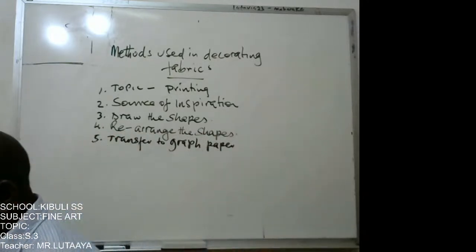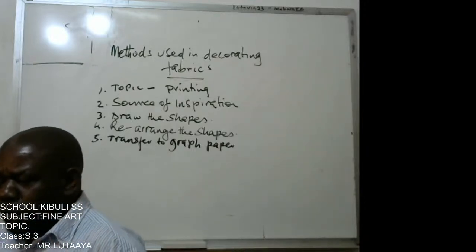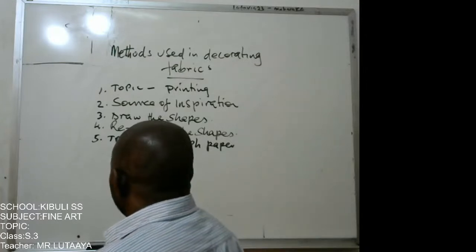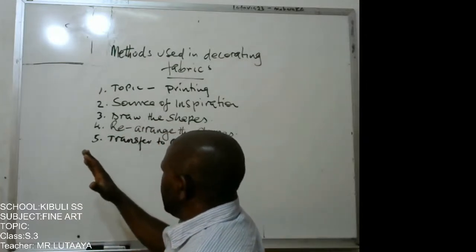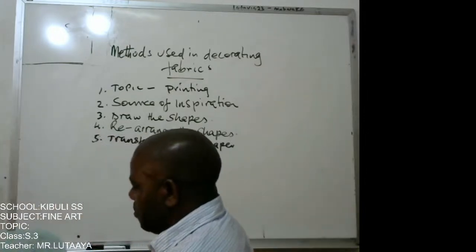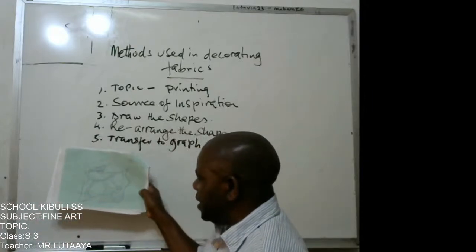Now, this graph paper will help you to map the work. It will help you to map the work so that the work can flow. I'm going to show you the work which was now you transfer the work to the graph paper as we are seeing it here.